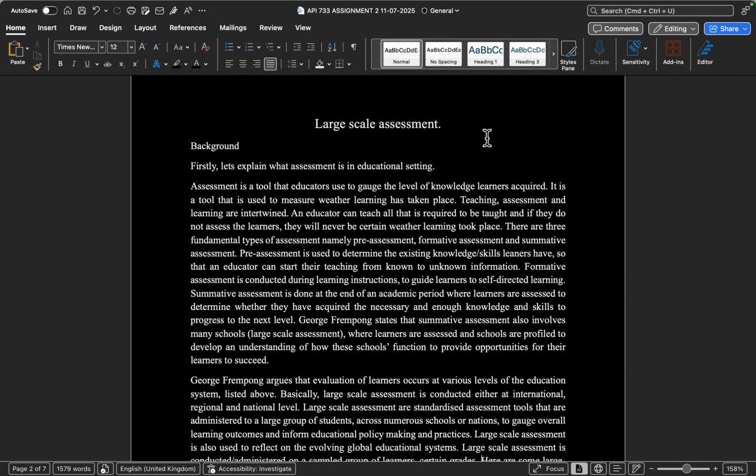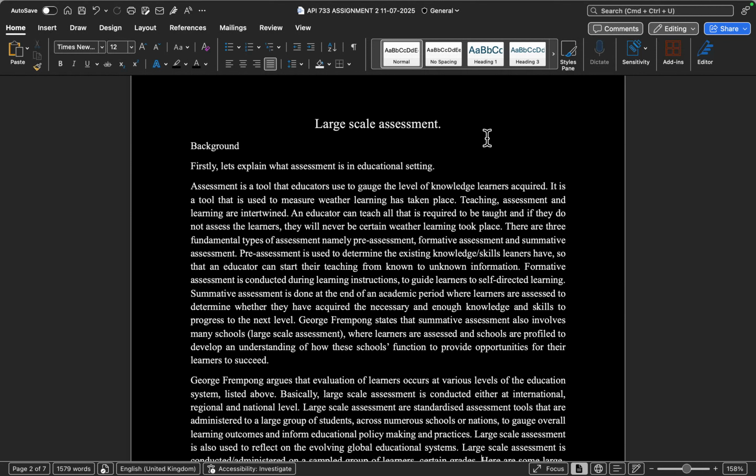Now, what is large-scale assessment? Large-scale assessment, according to George Frempong, excuse my pronunciation, states that evaluation of learners occurs at various levels of the education system. Large-scale assessment is administered at an international, regional or national level.